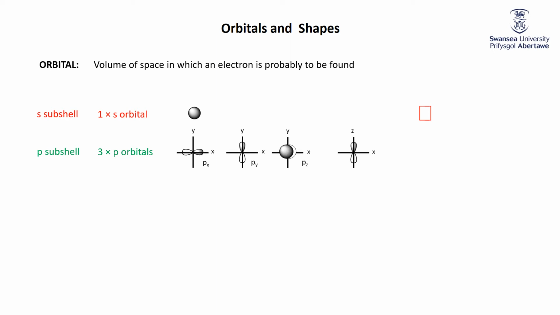Okay, and so there are 3 possible p orbitals in a p subshell, because you can have a dumbbell that goes along the x-axis, you can have a dumbbell that goes along the y-axis, and you can have a dumbbell that goes along the z-axis that's going in and out, and this is just a rotation to show you that dumbbell along the z-axis. Px, py, pz, the 3 orientations of the p dumbbells in a given p subshell.